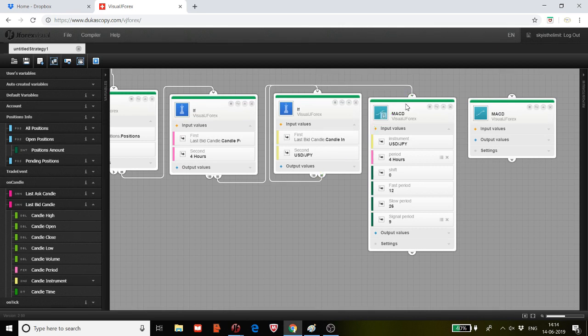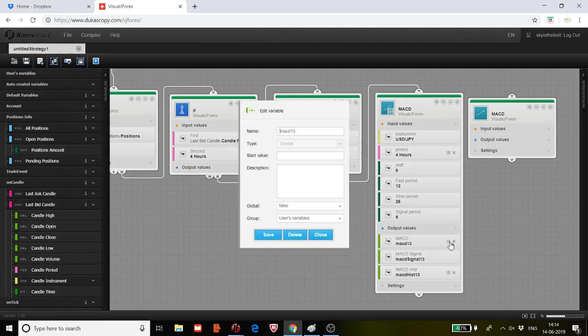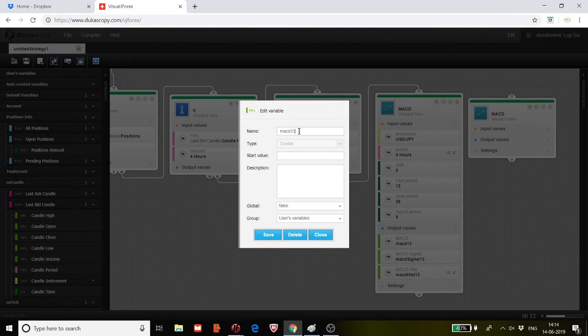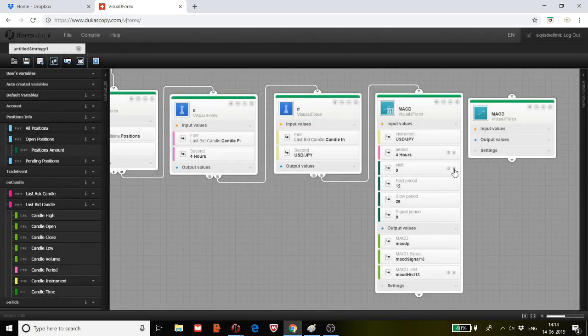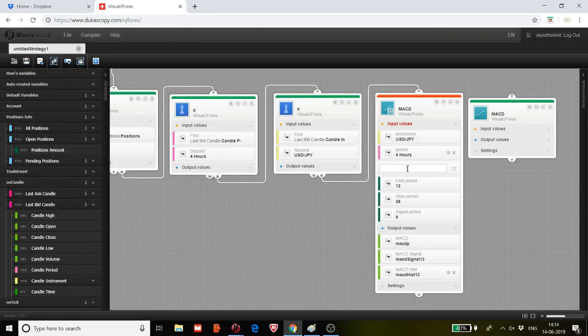Done. And then for output values, we will change the naming of the variable so it will be easy to identify: MACD previous, because I will move the shift to 1. So it will check the previous candle's values as well.